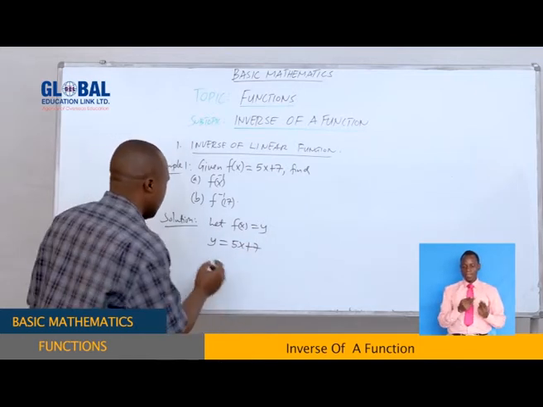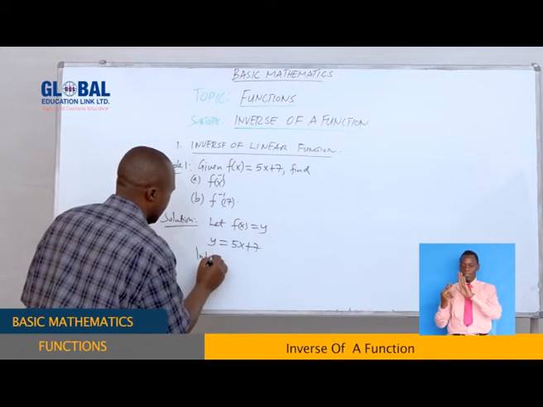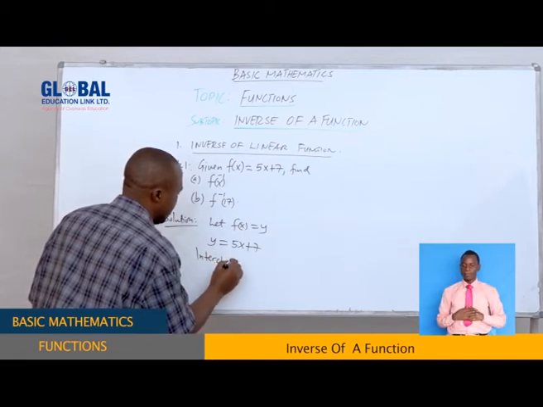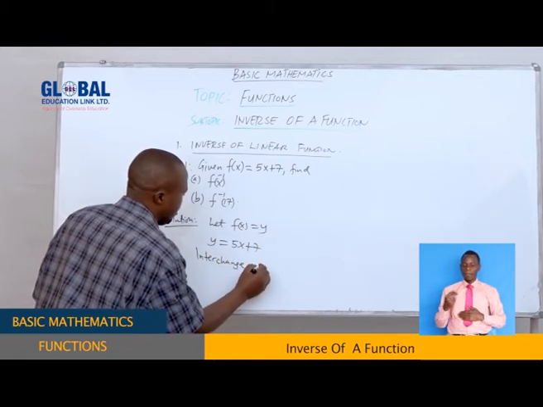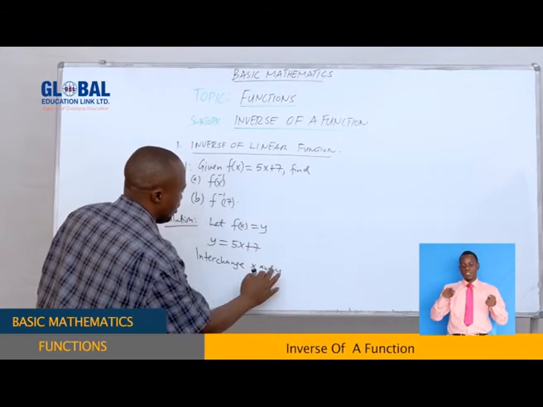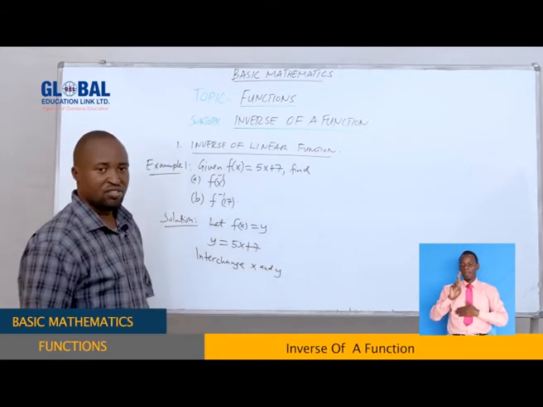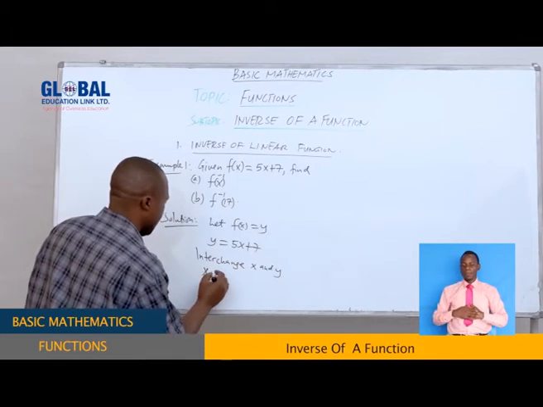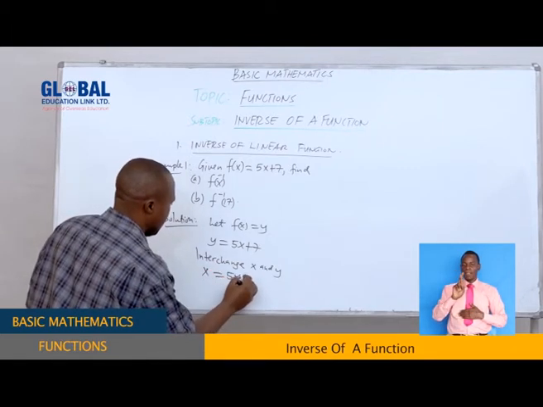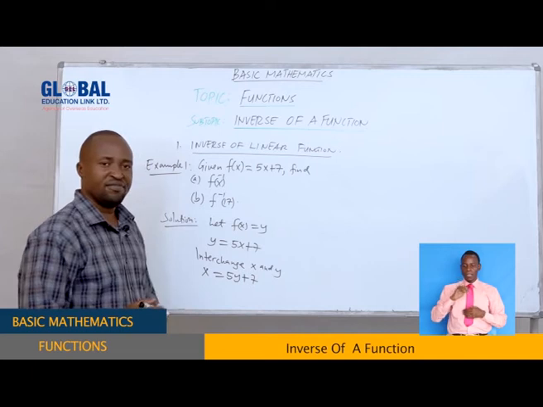The next step, you interchange the variables. That is, interchange x and y. So in this case, we have x is equal to 5y plus 7.